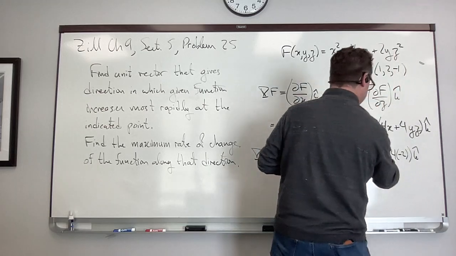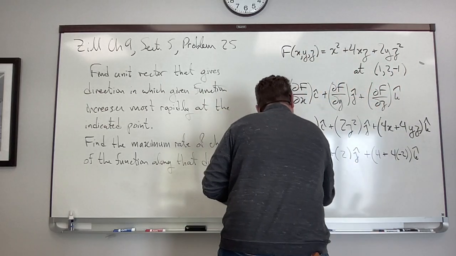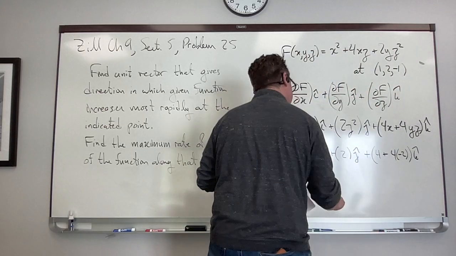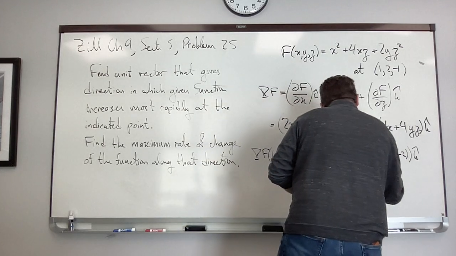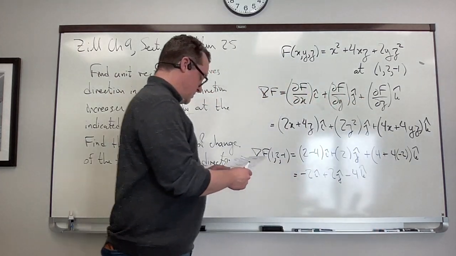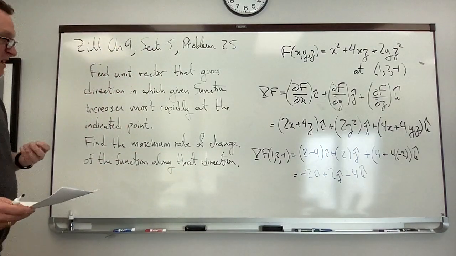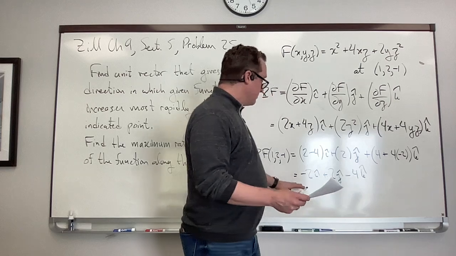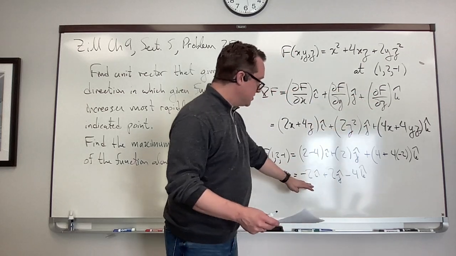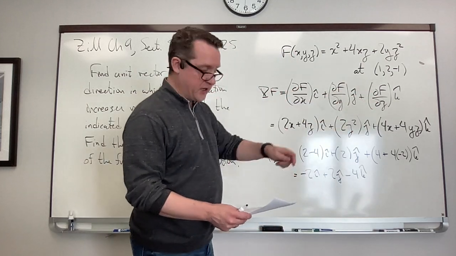Okay. So this whole thing becomes minus 4. So this becomes minus 2i plus 2j minus 4k. That is the actual vector itself at this point. So it's the gradient of the function at this point. So you see, it's not a function of x and y anymore, it's just a single direction.